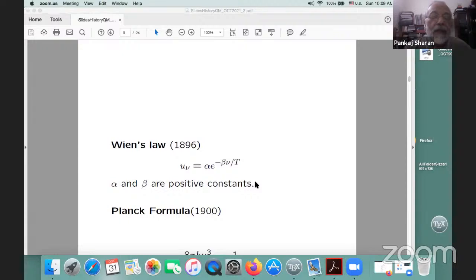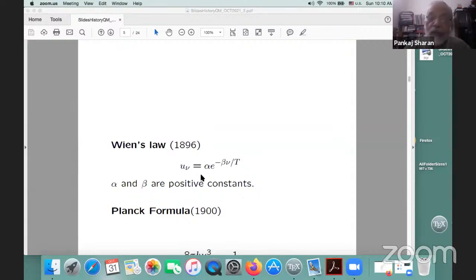Whereas Wien also, at that time, was looking at this formula, and he suggested that u nu should be alpha times e to the power minus nu by T into some constant. His suggestion was based on some analogy with the Maxwell velocity distribution, where, as you know, it is some constant times exponential of minus the energy of each molecule divided by T. So in the kinetic theory of gases, if you take the analogy, then you write this, and it seems to go very well.